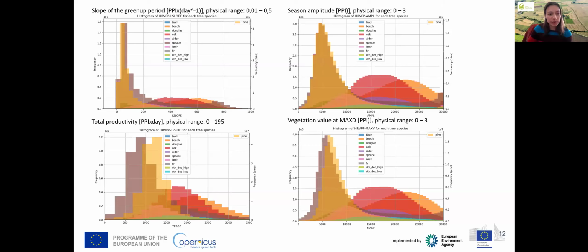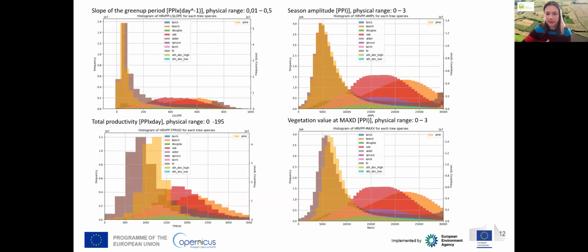The deciduous tree species are quite good to differentiate from each other, but they have a large within species variability in their response.